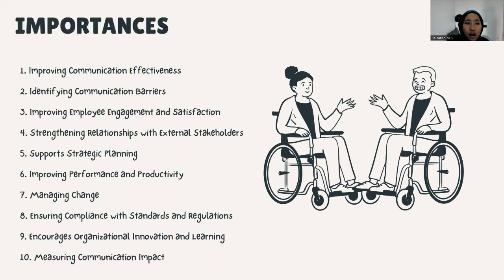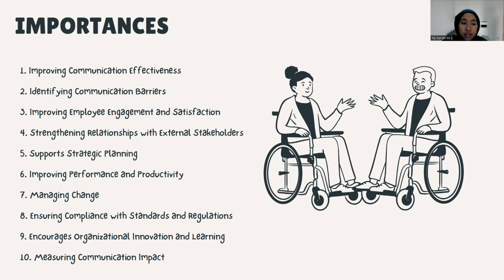There are a lot of points that show the importance of the communication audit. We have 10 points. The first one is improving communication effectiveness, and the second one is identifying communication barriers, and then improving employee engagement and satisfaction, and the fourth is strengthening relationships with external stakeholders, and the fifth is supporting strategic planning.